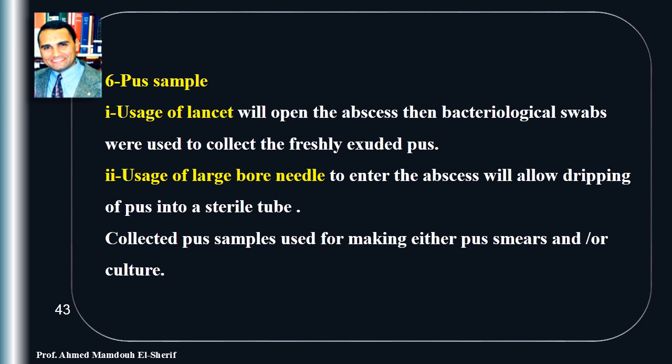Number 1, use of a lancet to open the abscess, then bacteriological swabs are used to collect the freshly exuded pus. Number 2, use of a large bore needle to enter the abscess to allow dripping of pus into a sterile tube. Collected pus samples are used for making pus smears and or culture.